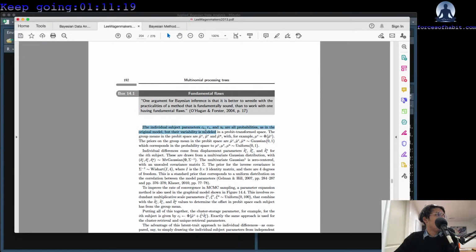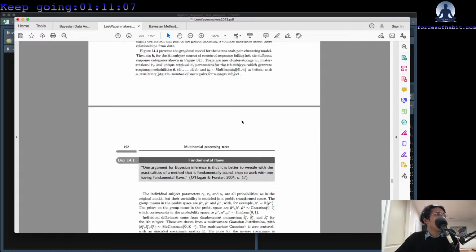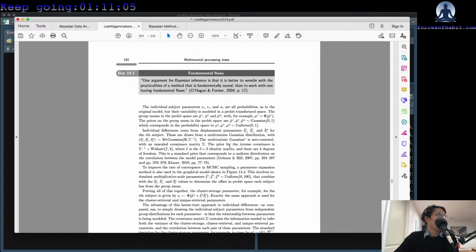So these are all probabilities in the original model, but their variability is modeled using a probit transform space. That's why we have these probit transforms. So the group prior is on the group mean in probit space, Gaussian, which corresponds to the probability space.